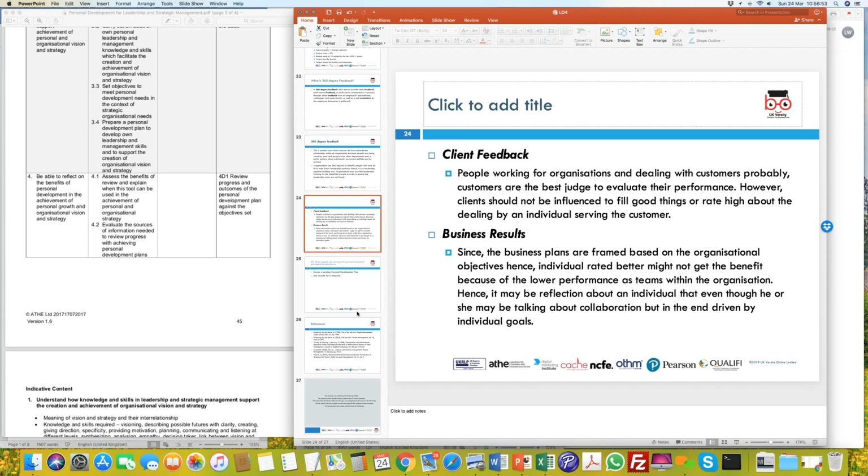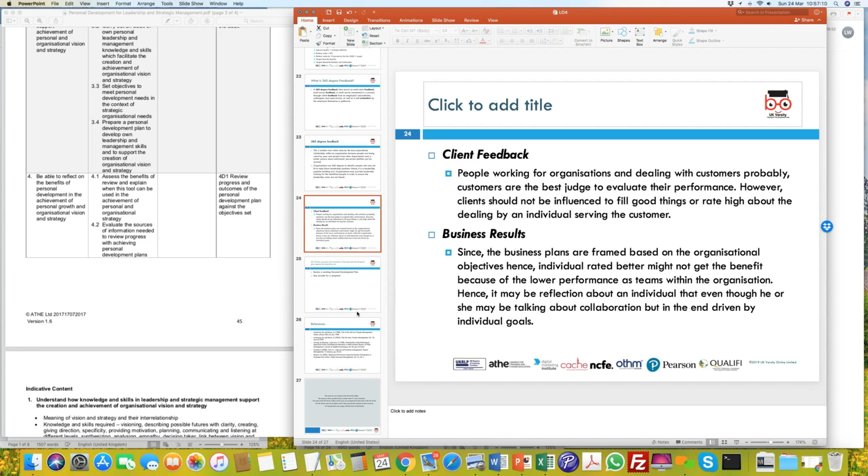Now that survey basically gives direct feedback about the employee or the person who has actually given help or support in that particular situation. So that helps us pick up individual feedback from clients when you work within a services or customer-facing organization.